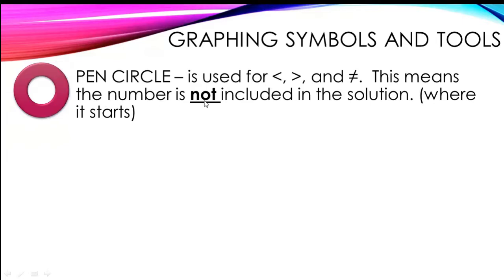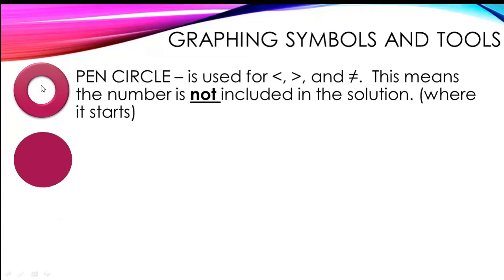This means the number is not included in the solution. Wherever we are starting, that number is not included. Other than that number, if it is greater than, all the greater numbers are included.